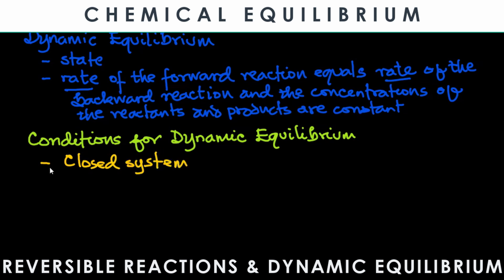Now, what do you mean by a closed system? In basic thermodynamics, there are three types of systems. That's what we call an open system. An open system is where the system, let's say the reaction vessel, is open and exposed to the atmosphere.